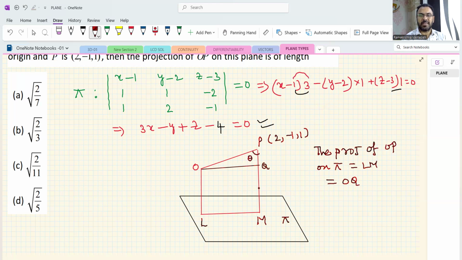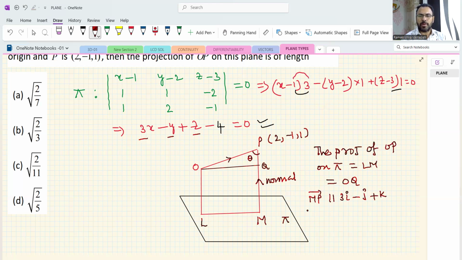Now it is nothing but normal to the plane, right? What is the normal vector to the plane? 3i minus j plus k. So here MP bar vector is parallel to 3i minus j plus k. This is normal to the plane.